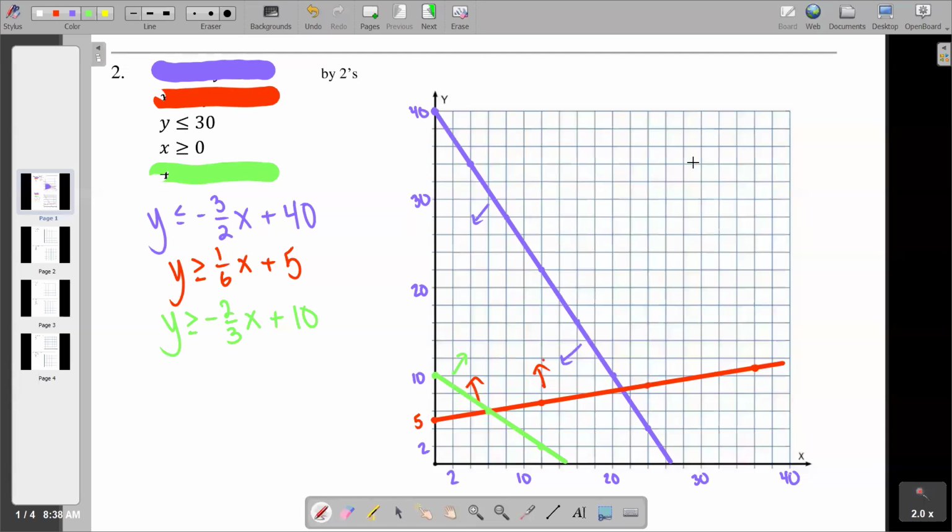So are we together so far? Okay. So now we're going to graph this, the horizontal at 30. And we're below that. And then you're going to see this one right here, the one I'm circling a lot, because that just forces us to not head left. So that's a really common constraint.